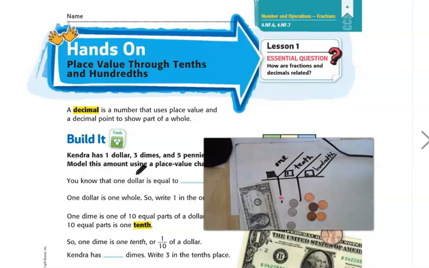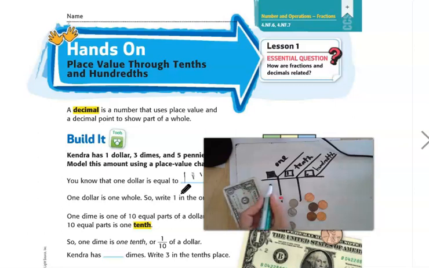I know that $1 is equal to 100 cents. $1 is 1 whole, so write 1 in the ones place.